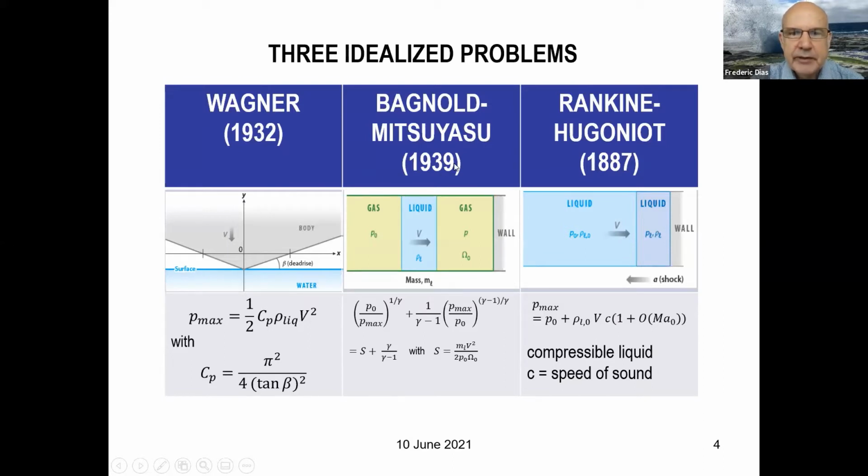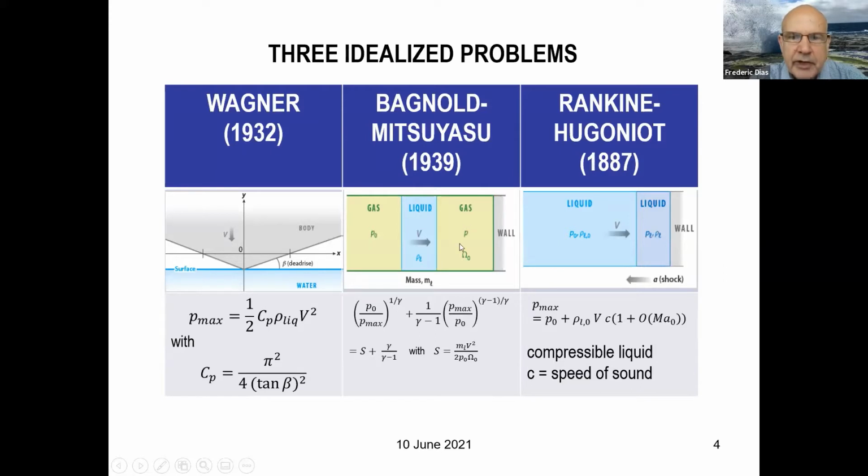The second one was developed in the context of breakwaters by Bagnold and later by Mitsuyasu. This example can be summarized like this. You consider a solid boundary or wall with some gas, but then it's entrapped between some liquid which is falling against the wall at a velocity V again. Then there is this expression to find the maximum pressure.